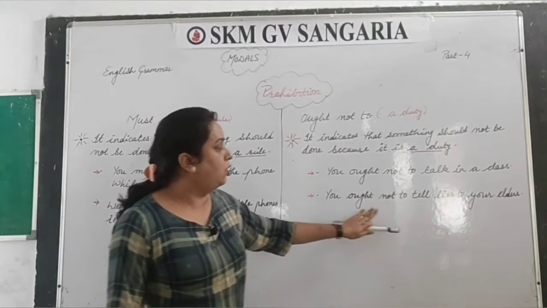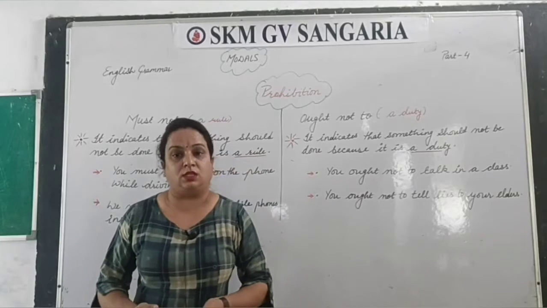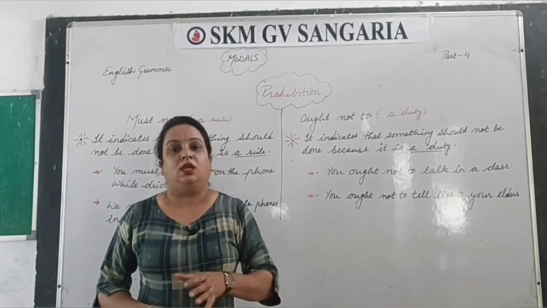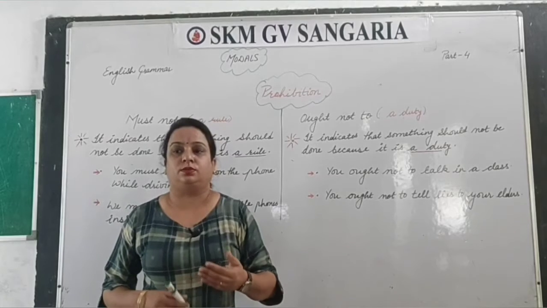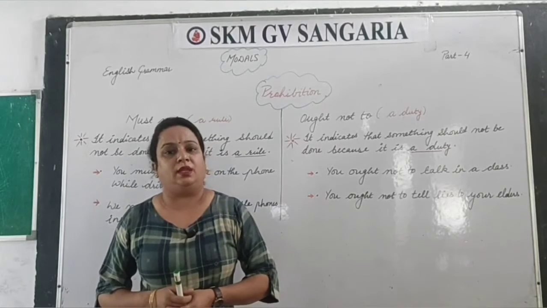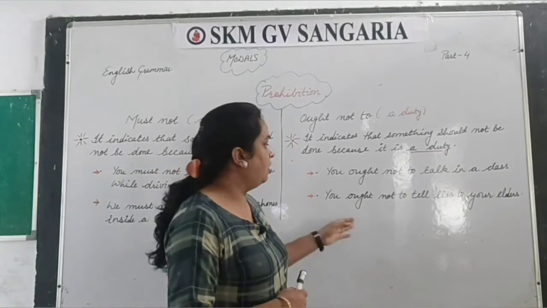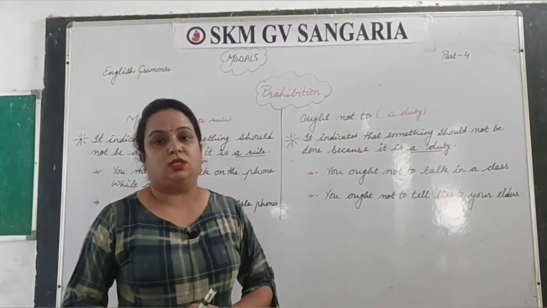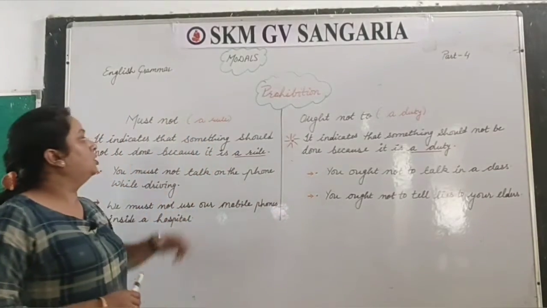Next one is you ought not to tell lies to your elders because that's your duty, a moral duty. Clear? Like you ought not to hurt your parents. So like that you have to use this ought not to and must not.